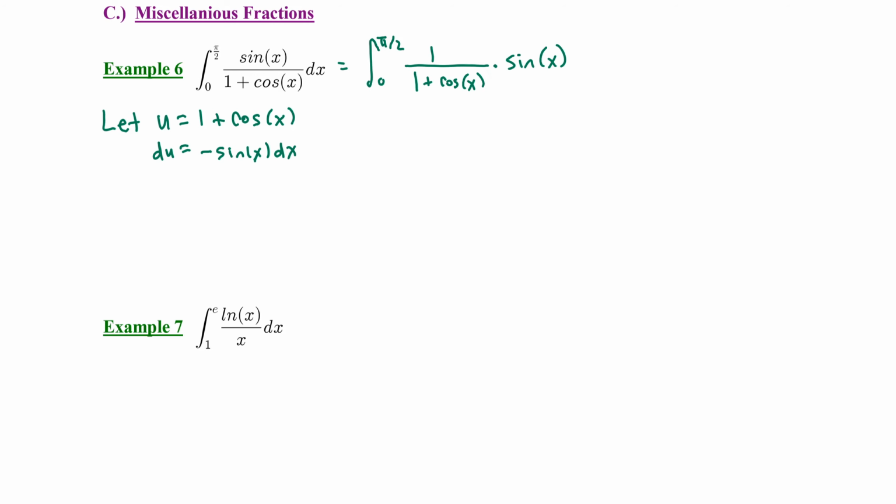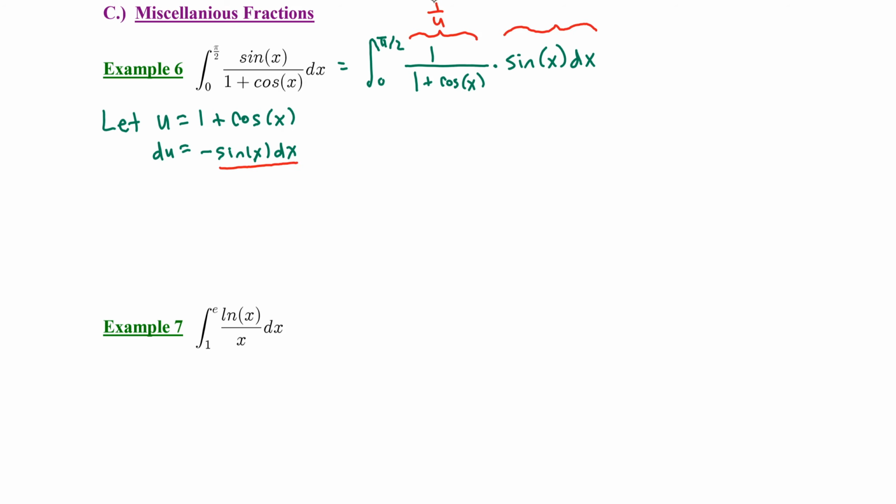I'm going to write it as the fraction 1 over 1 plus cosine of x times sine of x dx. That way we can see that this part is 1 over u, and the leftovers are sine of x dx, which is very similar to what I have right here.